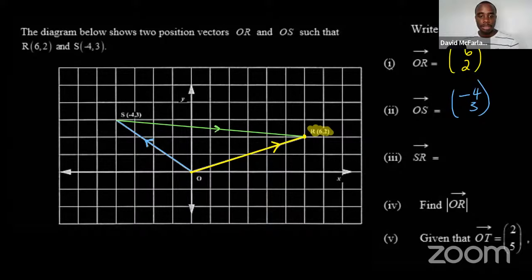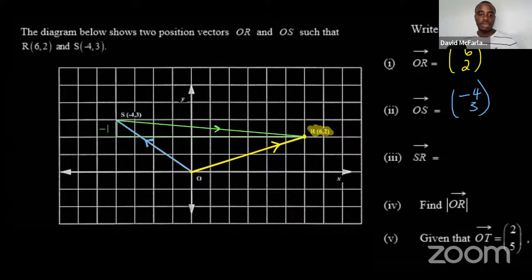What's happening here? It goes down by 1, right? And then it goes across by how much? 1, 2, 3, 4, 5, 6, 7, 8, 9, 10. All right. So it goes down by 1 and to the right by 10.